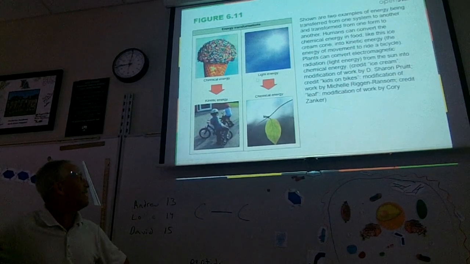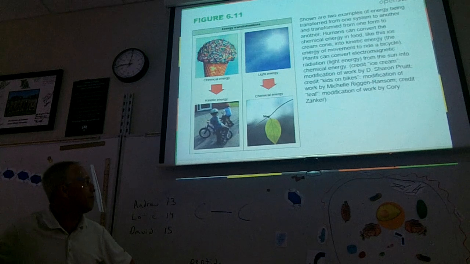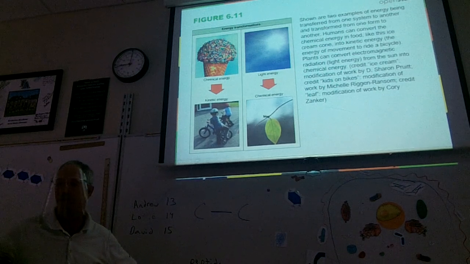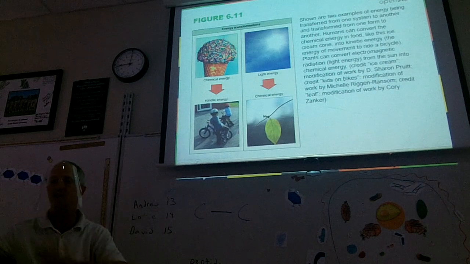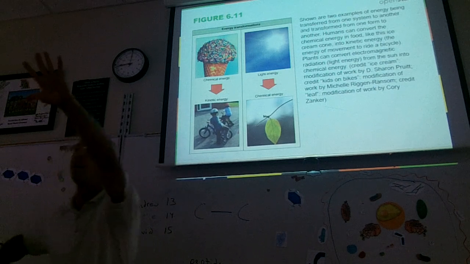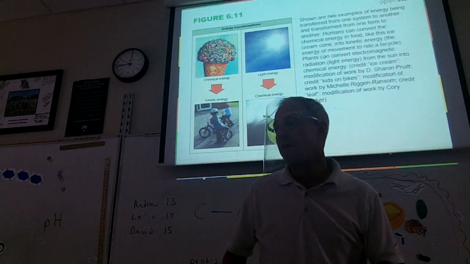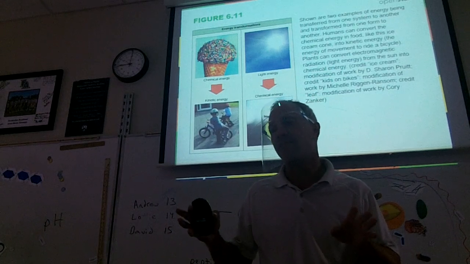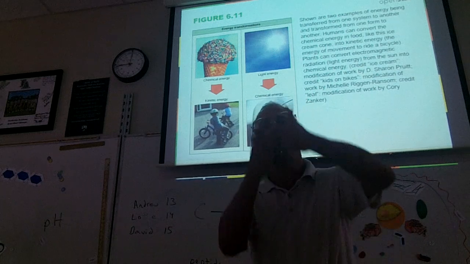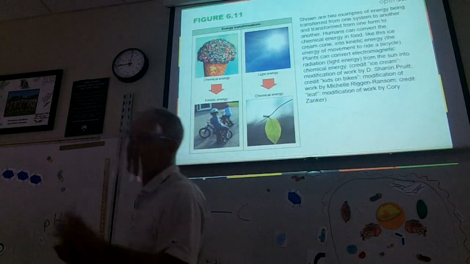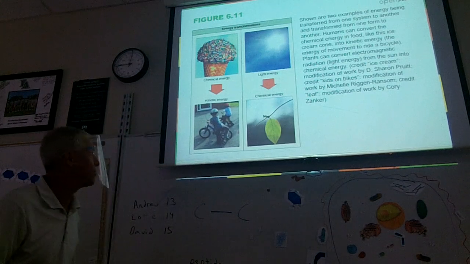So, we've taken sun energy, we've put it into molecules, and then we've taken the molecules in, and we tear the molecules apart, and we're able to move. So there's this succession of energy moving from sunlight all the way to movement. And one of the laws of thermodynamics, you'll read in your reading about the laws of thermodynamics, and you probably studied these at some point, maybe in middle school.